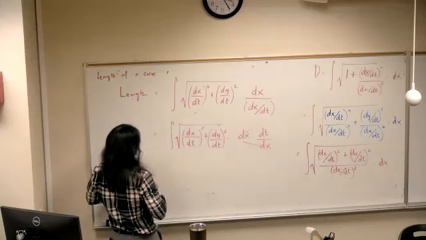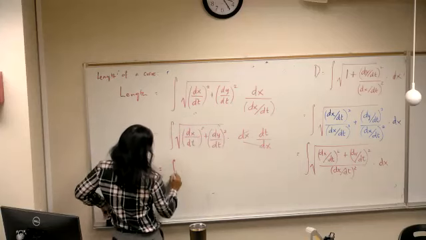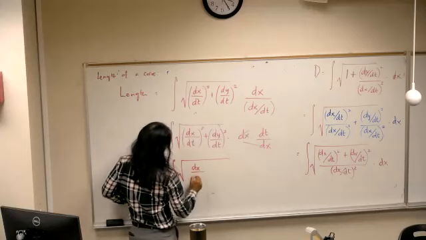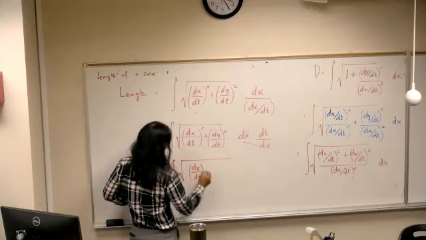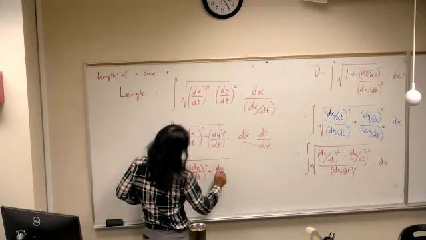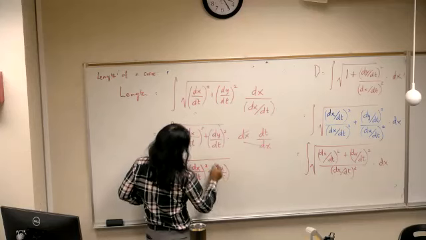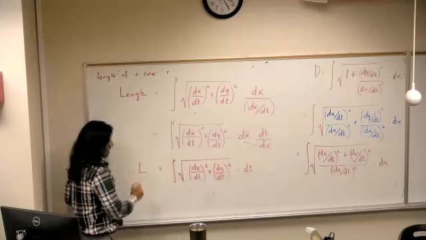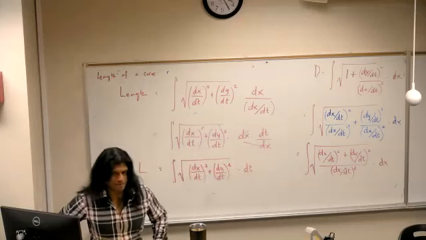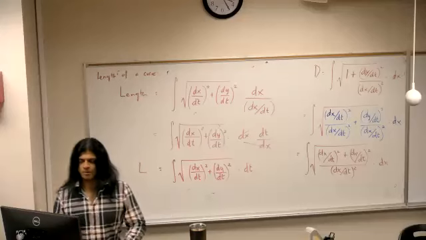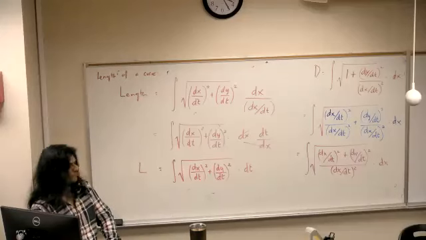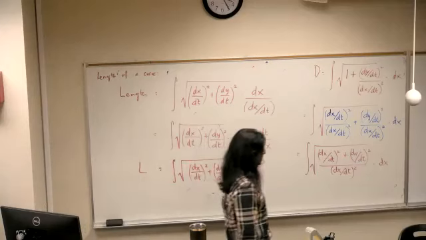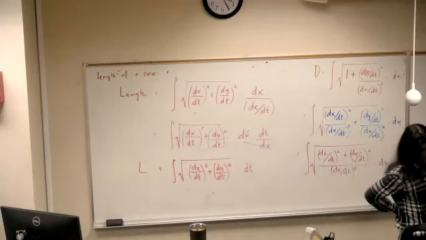Look, I have a nice little formula. And that is how you find the length of a curve parameterized in terms of t. As I always say, if you understand something, there is no need to memorize.